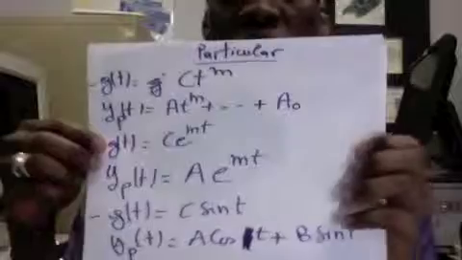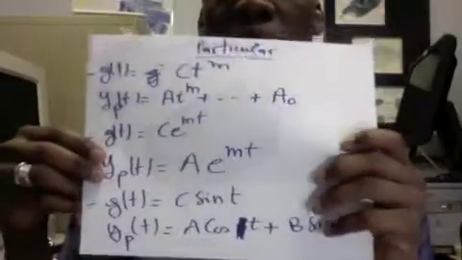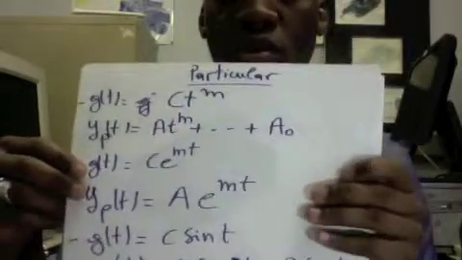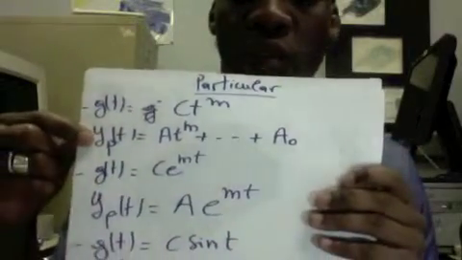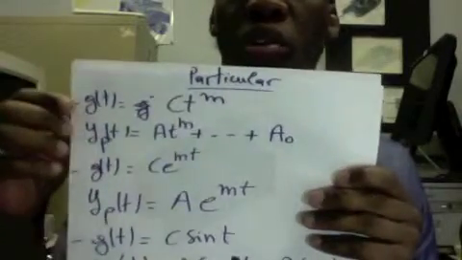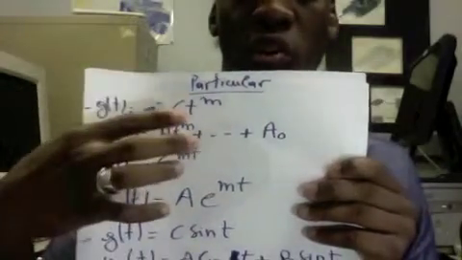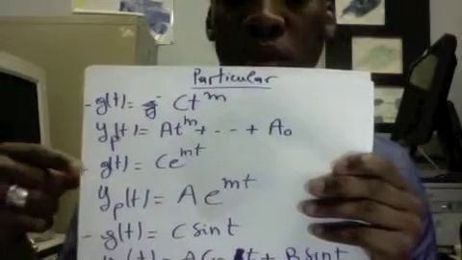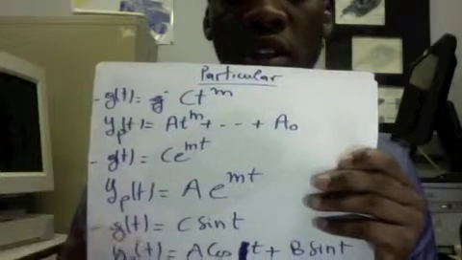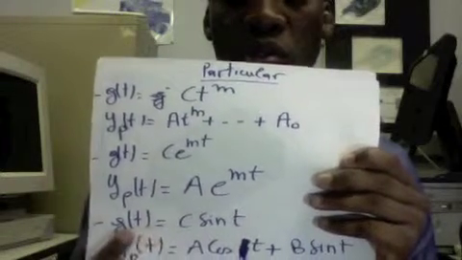So there are basic formulas that we can use to find, I'm sorry, yp(t), the particular solution. The particular solution can be based on g(t) if g(t) is a polynomial, if g(t) is an exponential, or if g(t) is a trigonometric function.